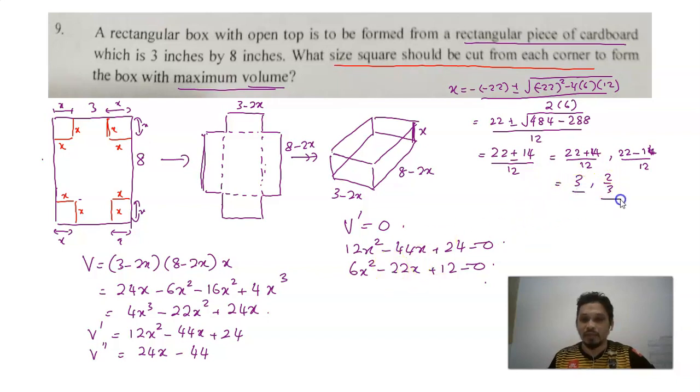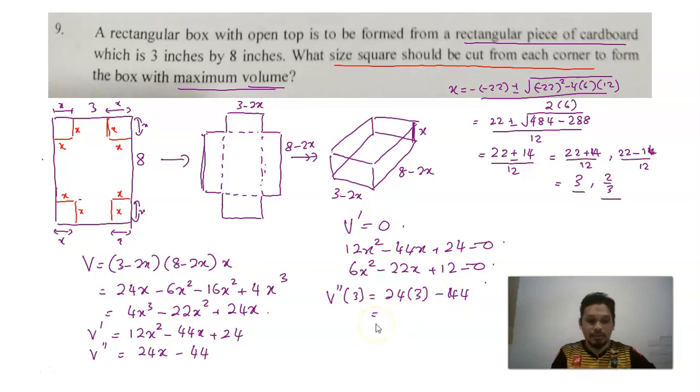Substitute these two values into v double prime. So v double prime when x equal to 3, from these two values of x that we get from v prime. Because second derivative, v double prime equal to 24 times 3 minus 44.